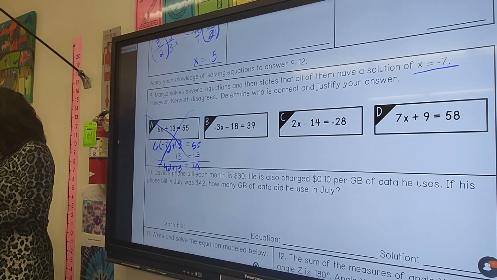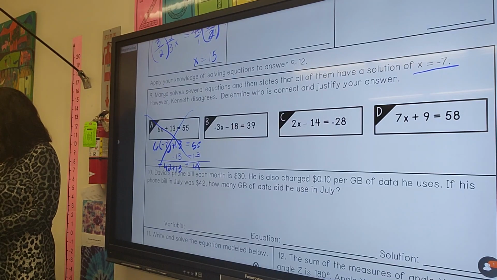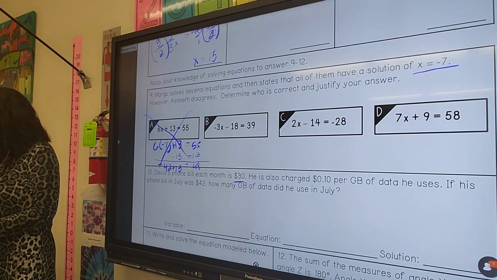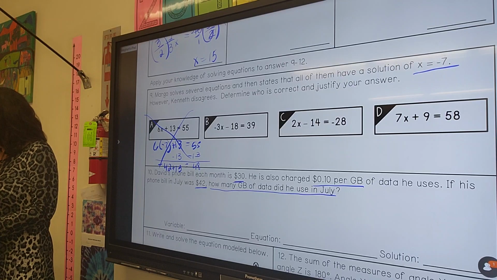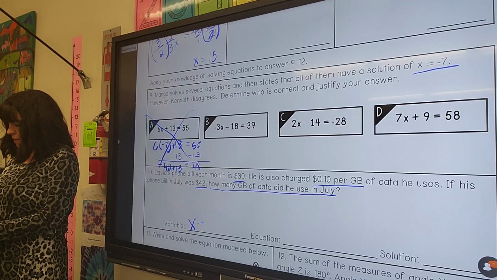Let's look at 10. David's phone bill each month is $30. He also is charged 10 cents per gigabyte of data he uses. If his phone bill in July was $42, how many gigabytes of data did he use in July? We're gonna use x for our variable.